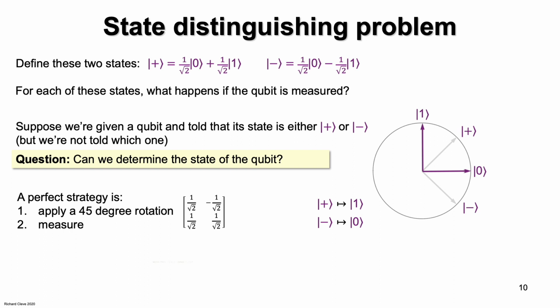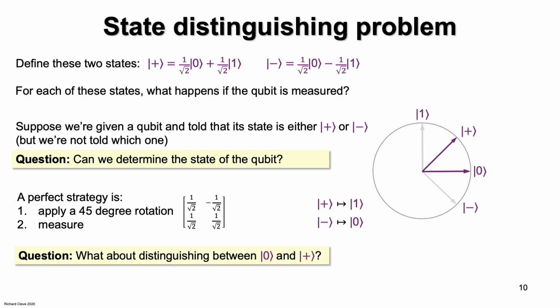Here's another question to consider. Suppose that we are given either the ket 0 state or the ket plus state. The angle between these states is 45 degrees. Can we distinguish between these two cases? You may pause the video if you'd like to think about this.